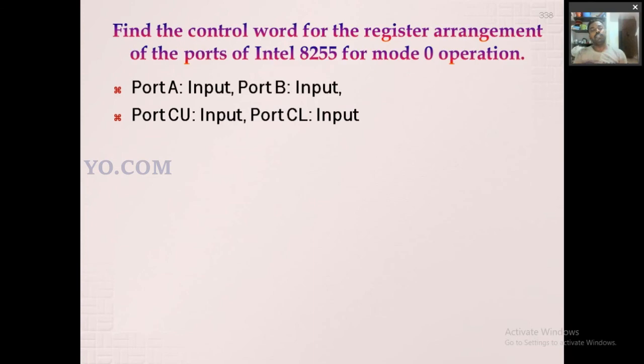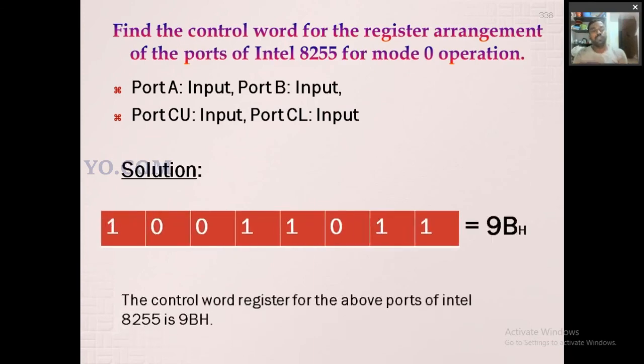Then find the control word for the arrangement of the ports of the 8255 in mode 0 operation. Mode 0 operation means these two bits are the mode bits. So this is mode 0, and similarly these two bits are used to identify mode 0. Here all the ports are input ports.